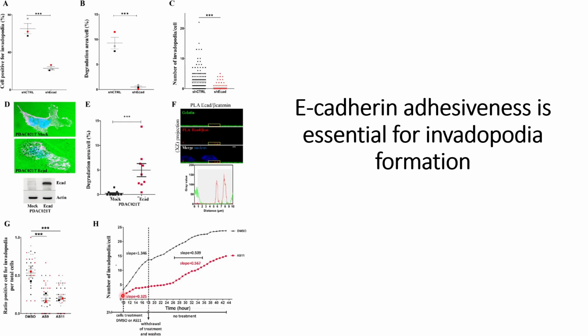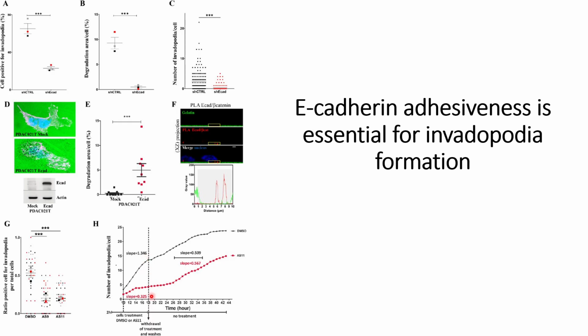We can see that the AS11-treated cell lines have a smaller slope for invadopodia formation compared to the control: the AS11 inhibitor cell lines have a slope of 0.325, whereas the DMSO-treated control cell lines have a slope of 1.346.